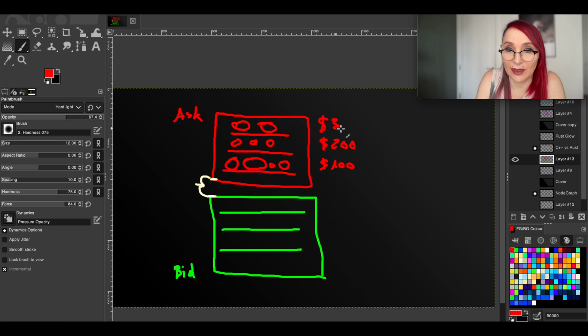And this one is $300, okay? And the same on the bid side. So you have some orders here, some orders here, some orders here, and so on. And this one is $90. This one is $80, and this one is $70.